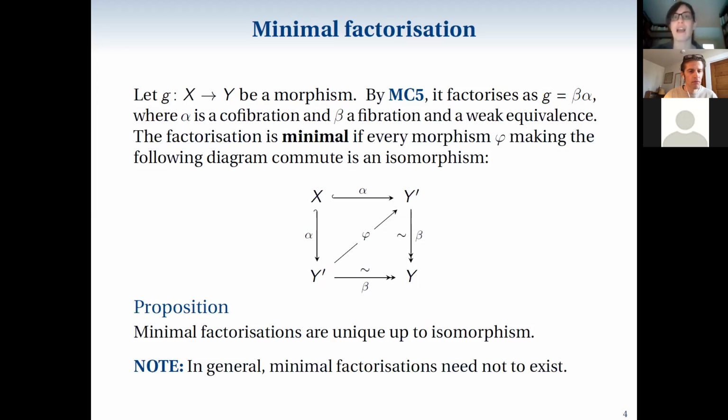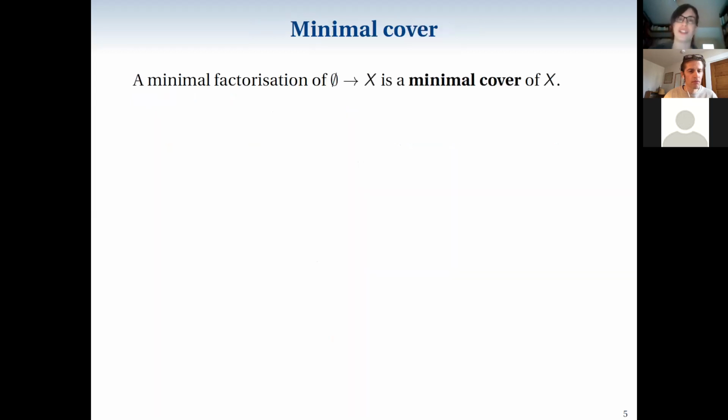Okay. Now, the reason why we are so interested in minimal factorizations is also because they provide us a nice invariant, which is called the minimal cover. So again, let me take the initial object, which I know exists in any model category by the first axiom, and let me take a minimal factorization of this map, okay? Then I call it a minimal cover.